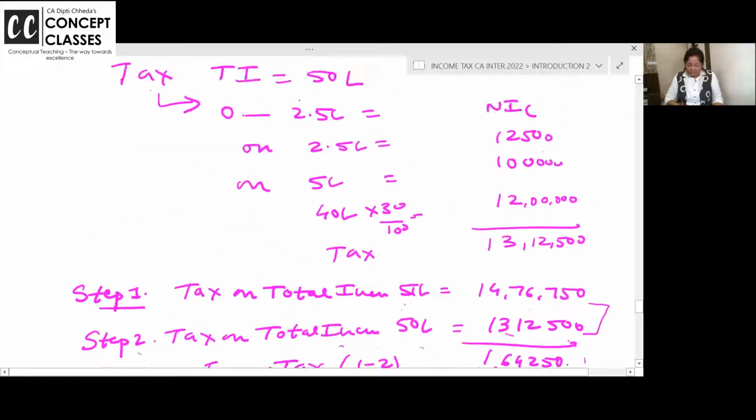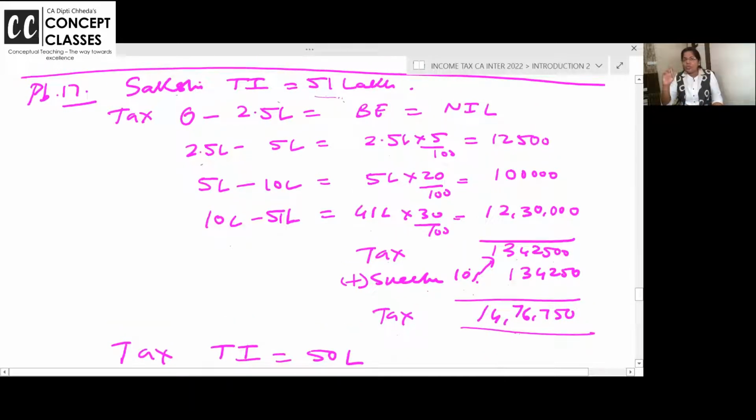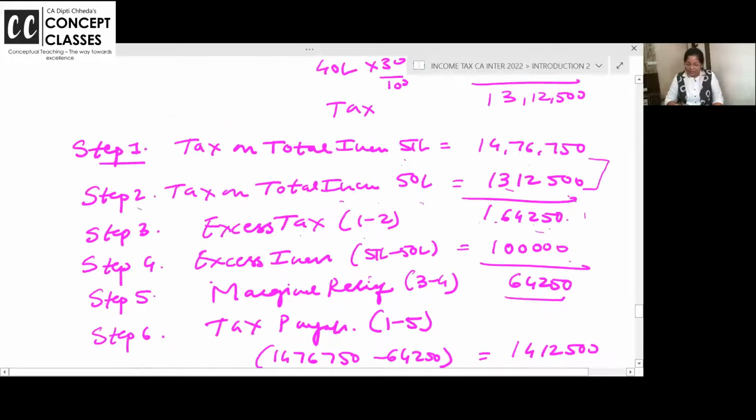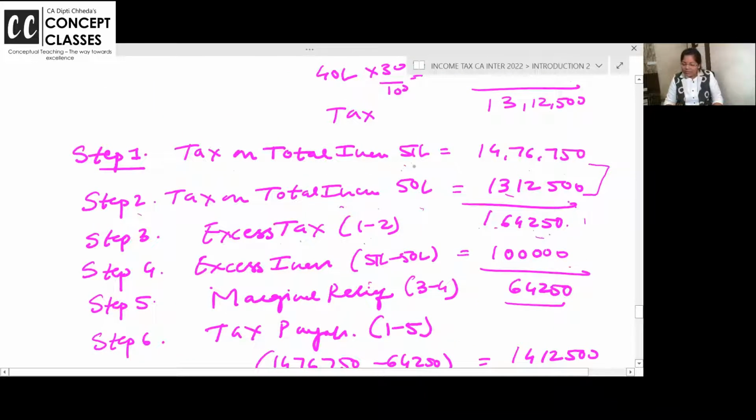These were the workings. Don't do it directly in the calculator by putting an M plus. Write it. What is the tax on 51 lakhs? 14,76,750. What is the tax on 50 lakhs? 13 lakh 12,500. What is step 3, the excess tax?